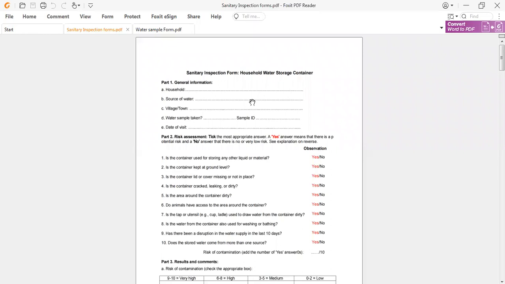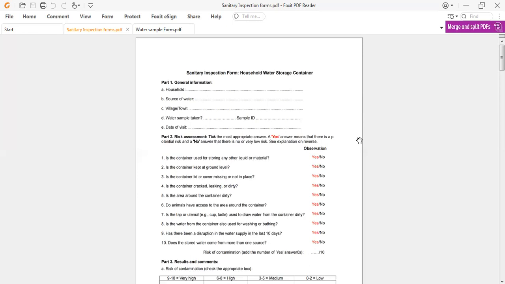With the Ecolab sanitary inspection form, we are able to carry out inspection on household water in storage containers. You can also carry out inspection for an open dug well, for protected springs, and for surface water, not forgetting household piped water. So we'll start with the first, which is the household water storage container.